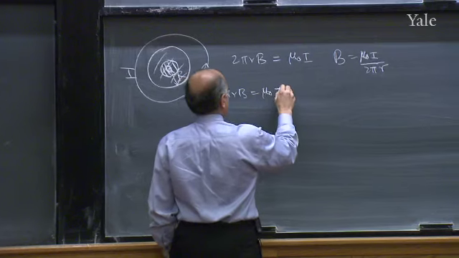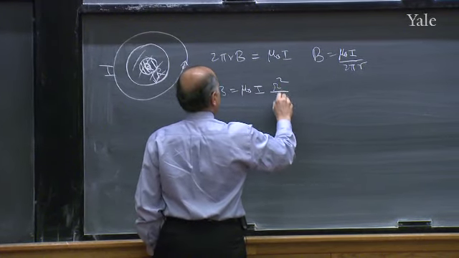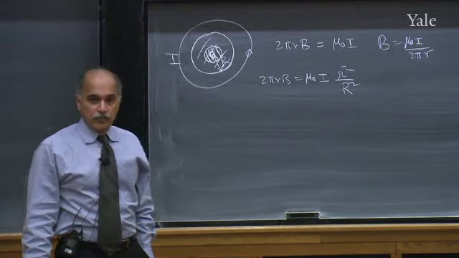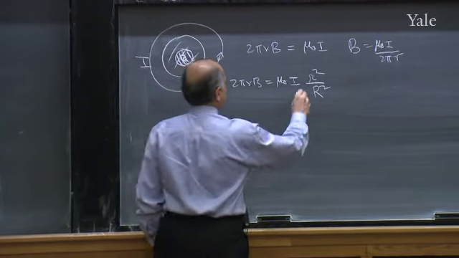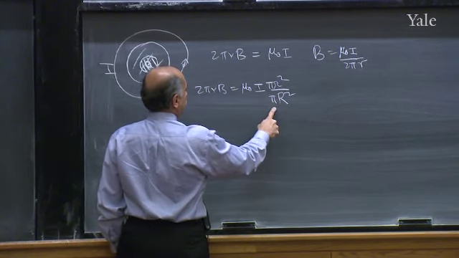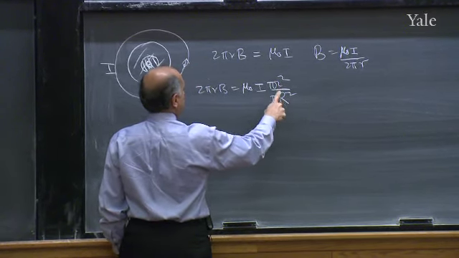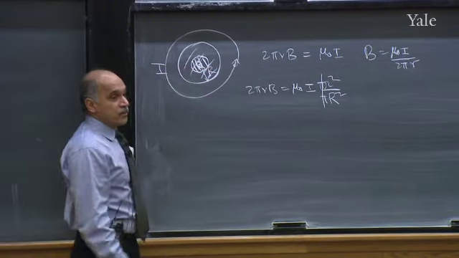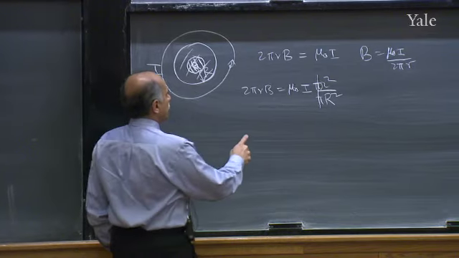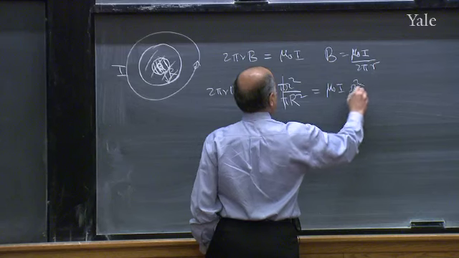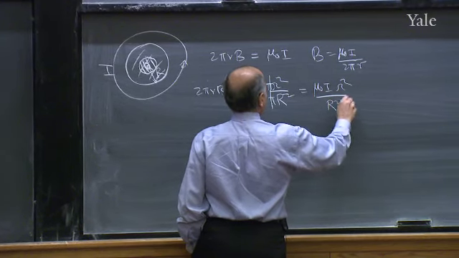And I think by now you should know that will be this fraction of the total current. Or if you want to see the details, you can put a pi there and a pi here. I over pi R squared is the current density, and pi r squared is the area of this loop. But by now, you should know that things scale like distance squared if you're looking at areas. So what does that tell me now? It's mu 0 I r squared over big R squared.